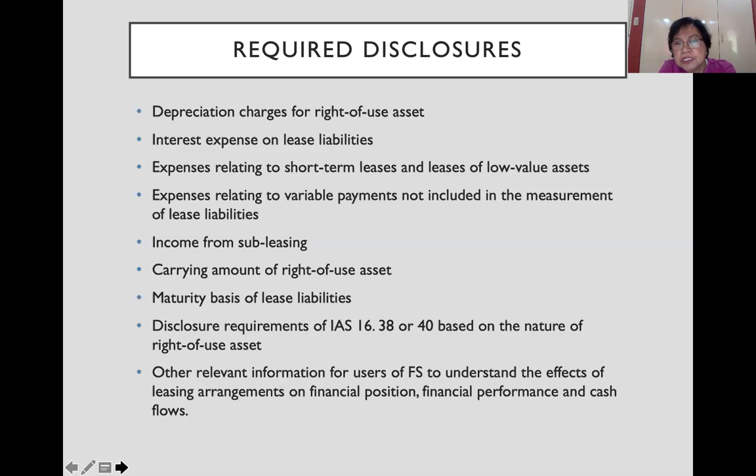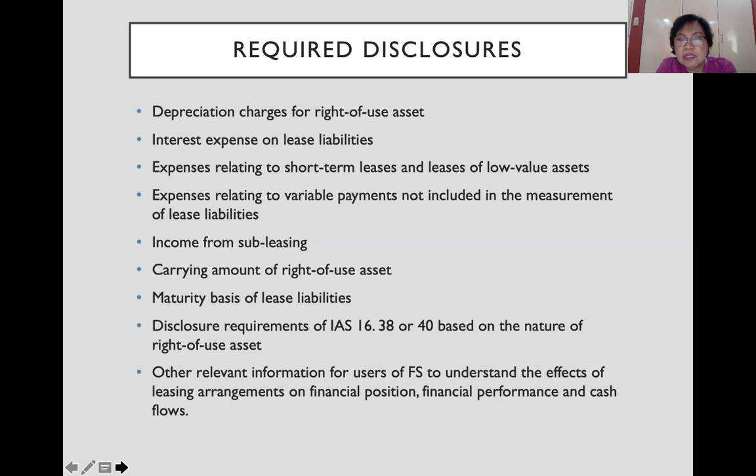For the right-of-use asset, the disclosure requirements of IAS 16, if that is classified as property, plant, and equipment, or IAS 38, if that is intangible, or IAS 40, if that is investment property. Of course, based on the nature of the right-of-use asset.